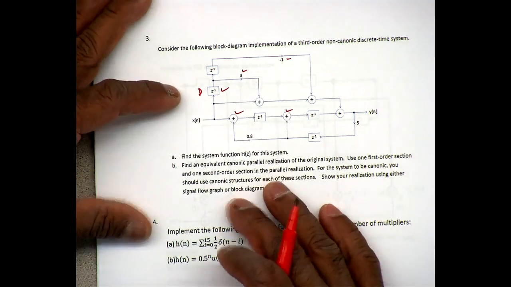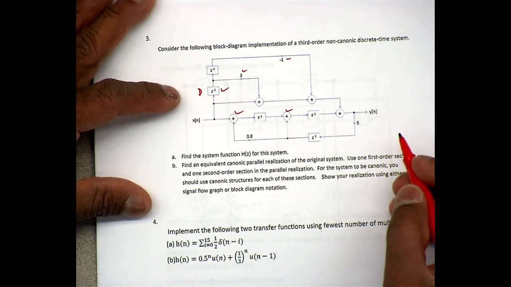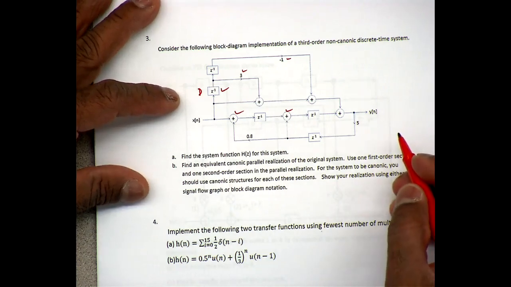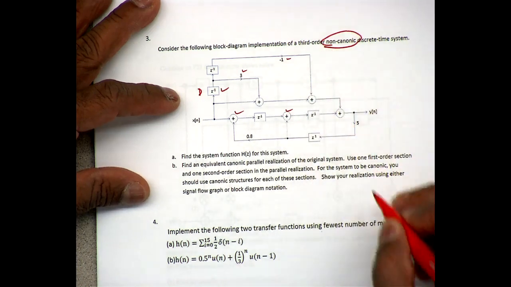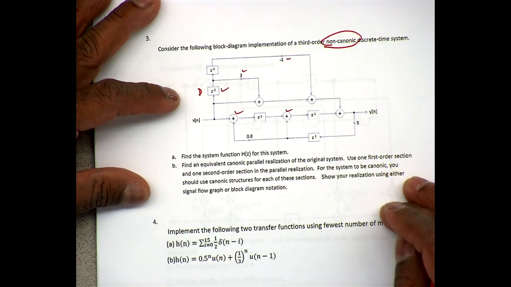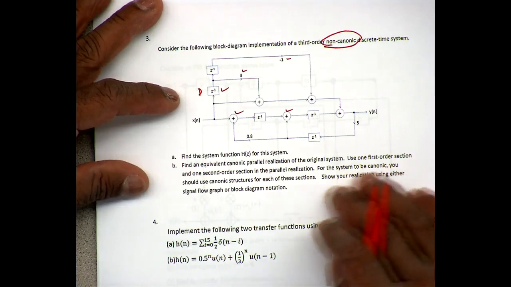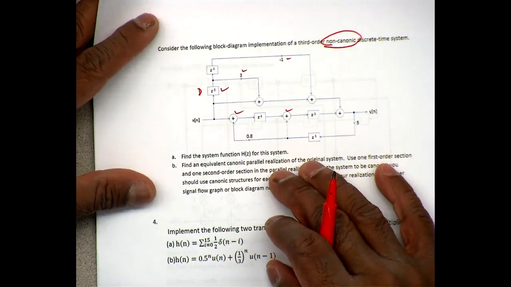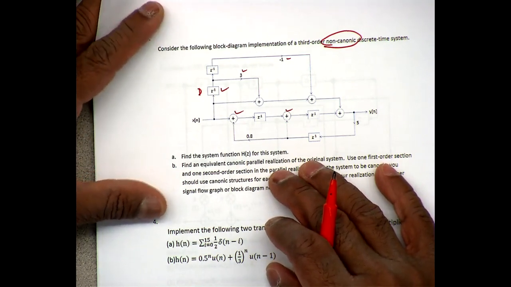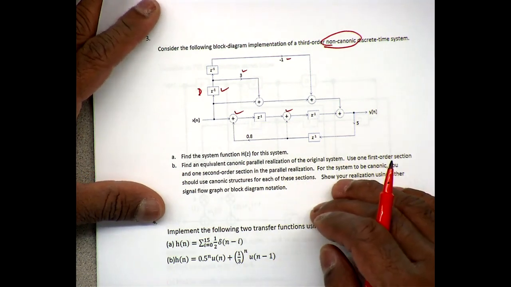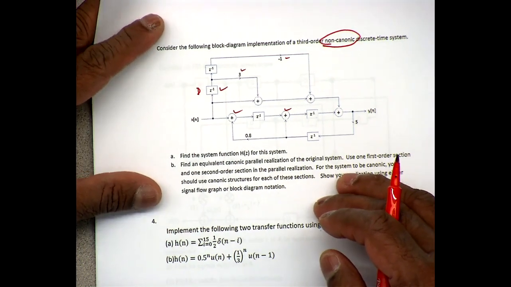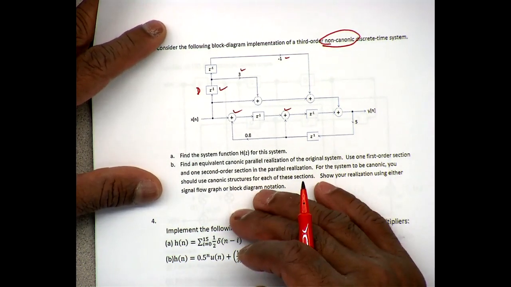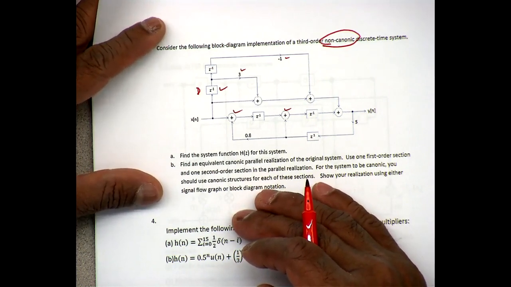Okay, so this says this is a third order non-canonic discrete time system. The word non-canonic means not canonic with respect to the number of state variables. Anytime we talk about canonic, it could be with respect to something. In terms of control systems, when we talk about a canonic system, that typically means the number of states is the minimum.